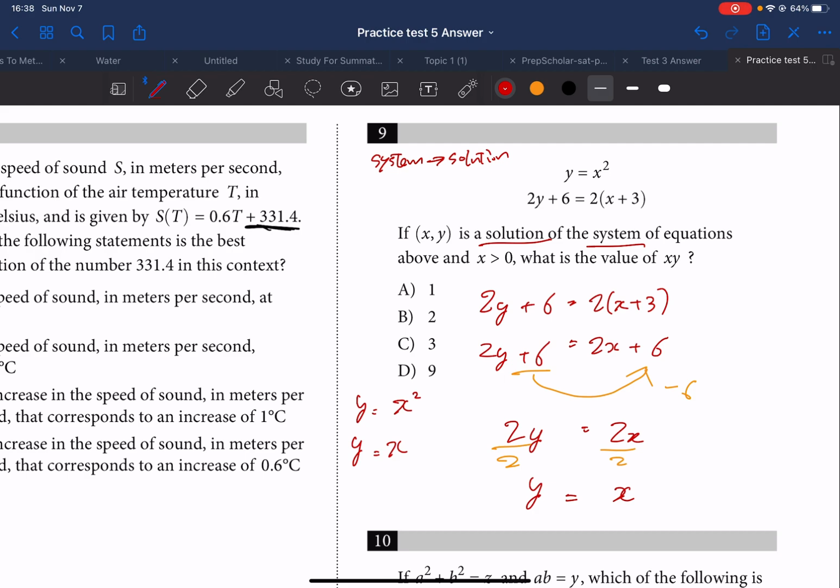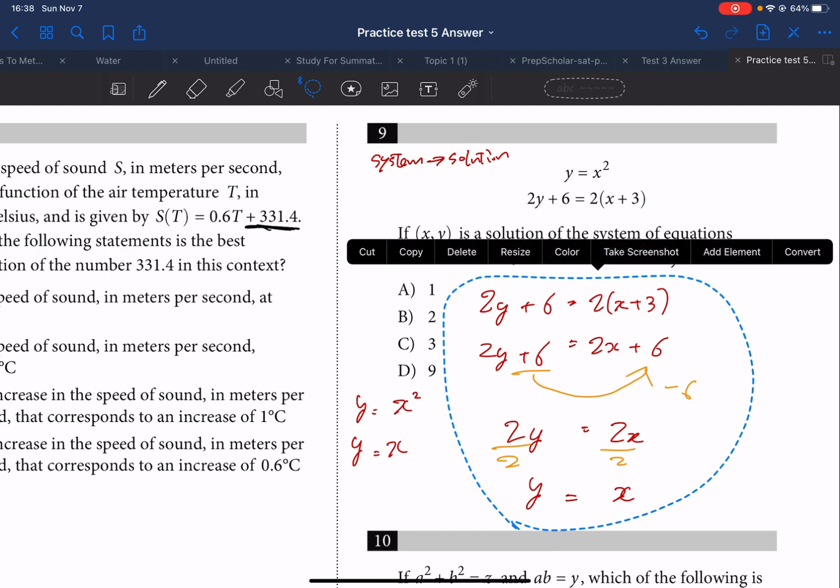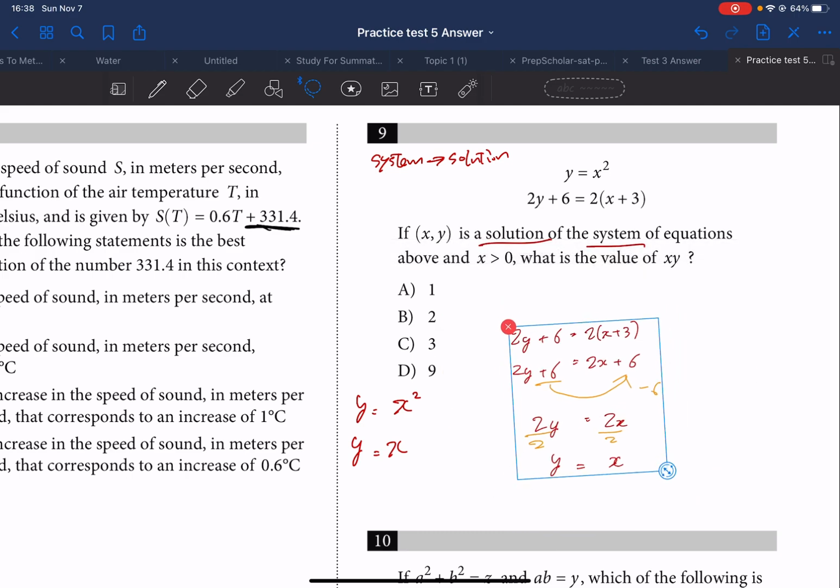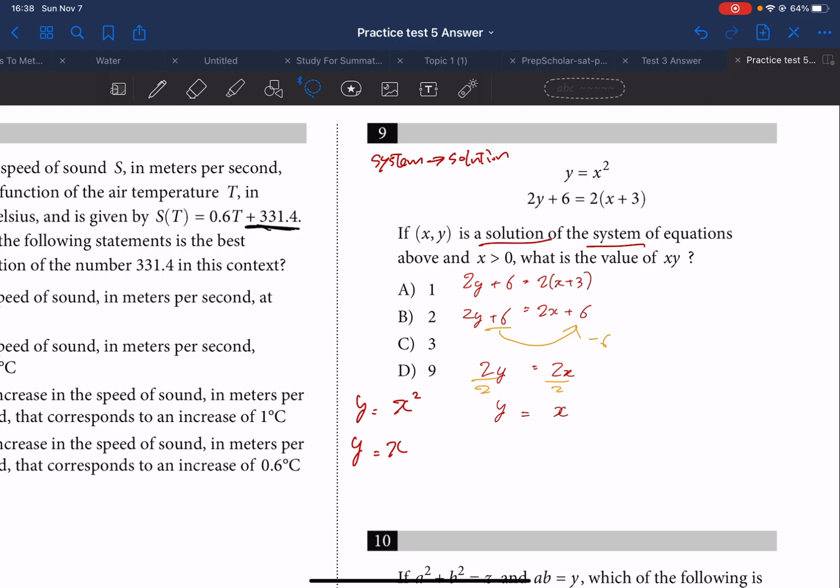Now let's compare these two y formats. We can say x squared is x, because both are equal to y. So these two should be the same value.